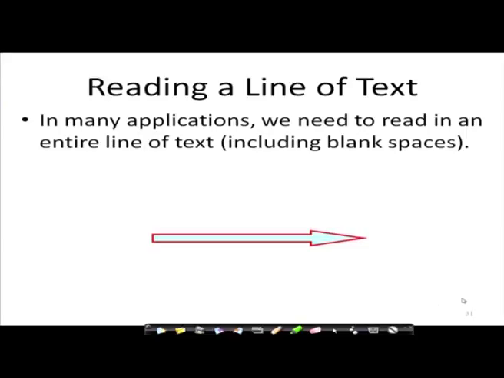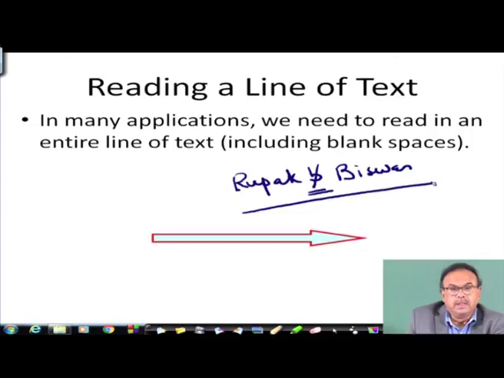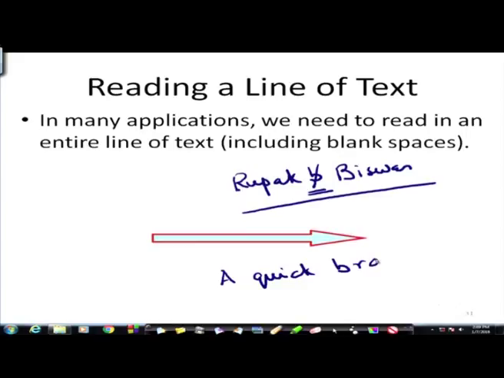On the other hand, when we read a line of text, suppose I want to read this Rupak Biswas, with the blank also, the entire sentence. A quick brown fox, I want to read.